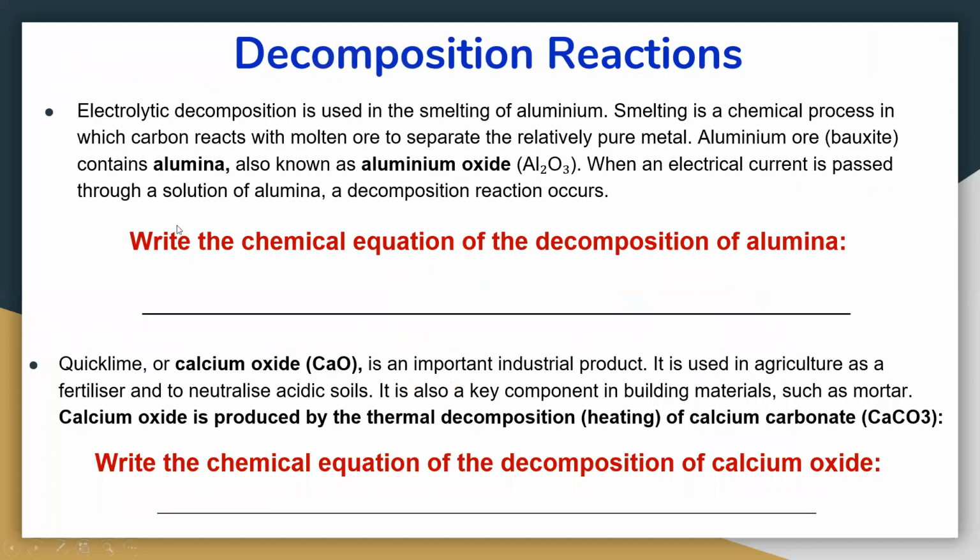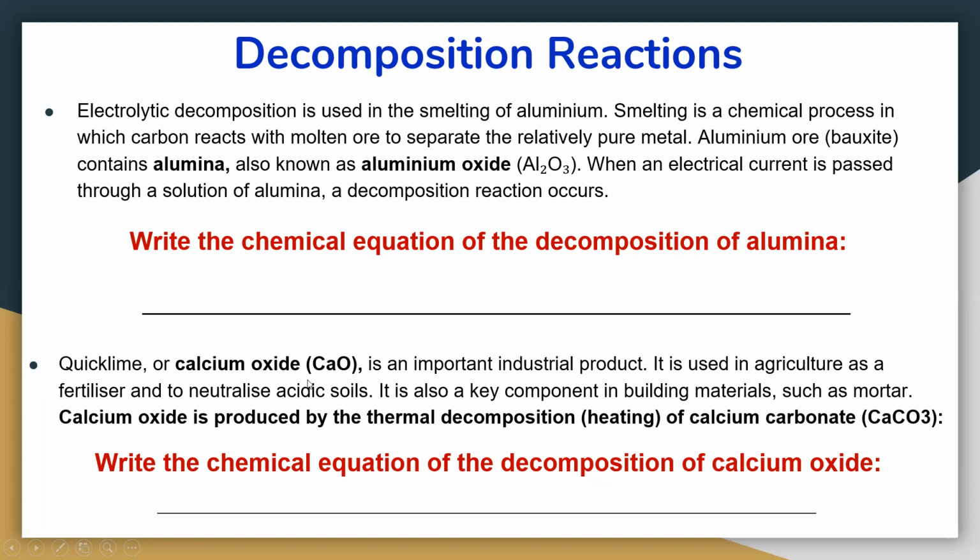We've got some more here as well, with alumina. Alumina is basically aluminium oxide, and there was a question about this in your recent test, if you remember. If we run an electrical current through aluminium oxide, we said we can decompose compounds through either heat or electricity, we would get the individual two atoms of aluminium as well as 3 atoms of oxygen that make up aluminium oxide.